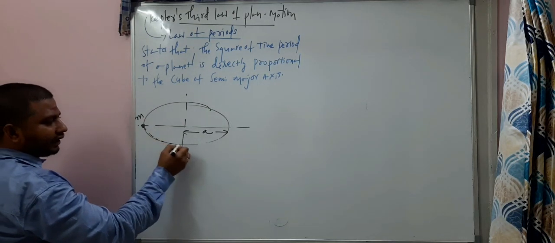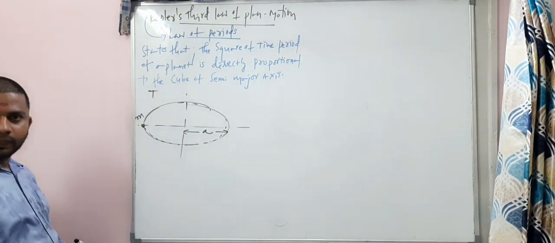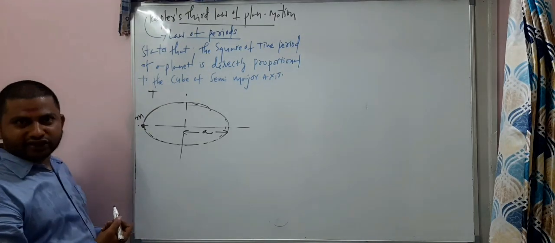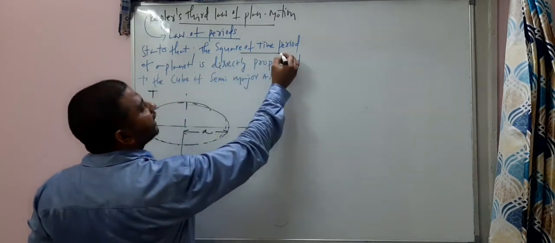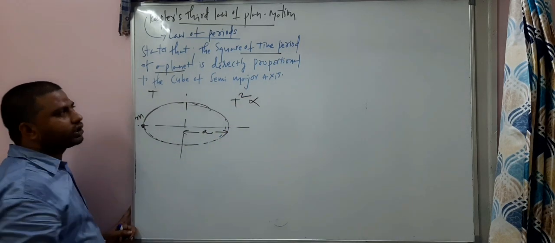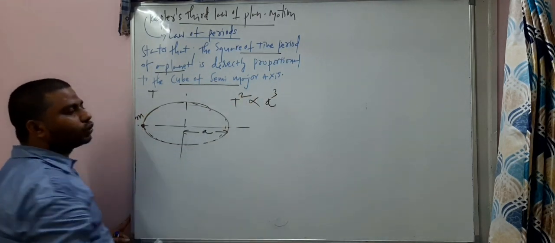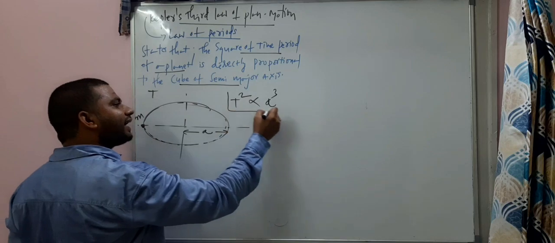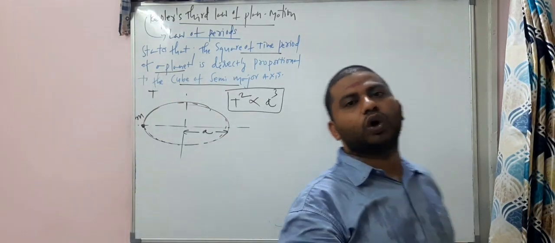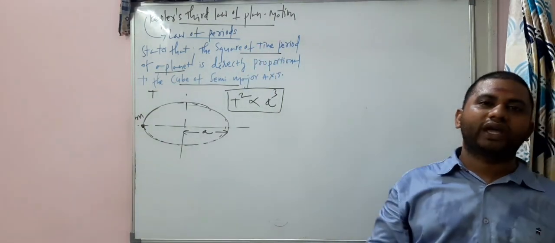Time taken by the planet to finish one revolution is called the time period, and semi major axis is A. According to the statement, the square of the time period of a planet, T square, is directly proportional to the cube of the semi-major axis, and that is A cube. So this is the expression for the third law, and this third law is also called the law of periods. T square is directly proportional to A cube.